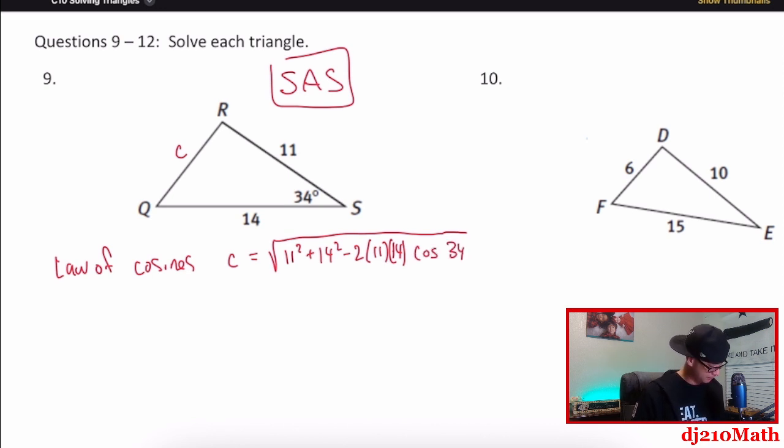Straight to the calculator: square root of 11 squared plus 14 squared minus 2 times 11 times 14 cosine 34. So c, little c, is equal to 7.852 units long. So that's the third side.